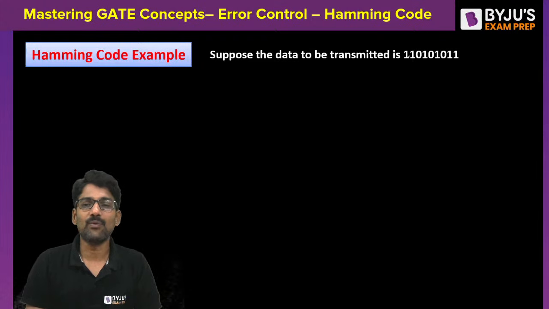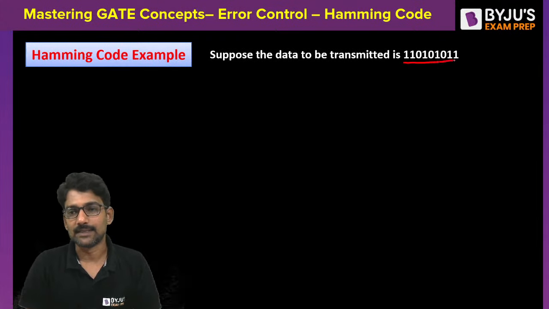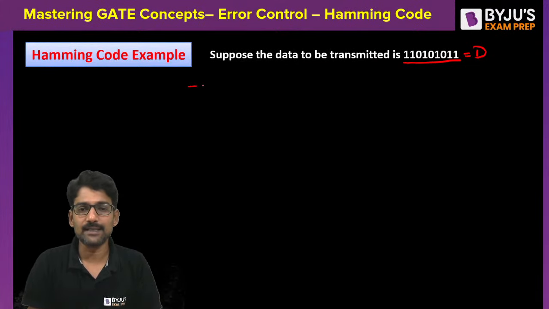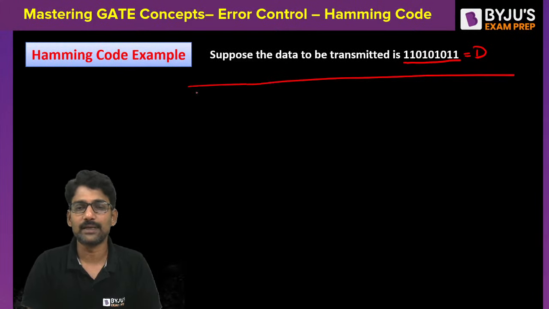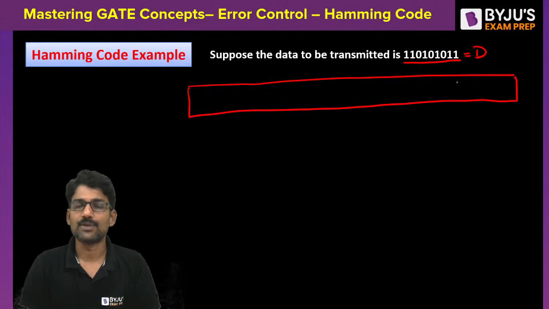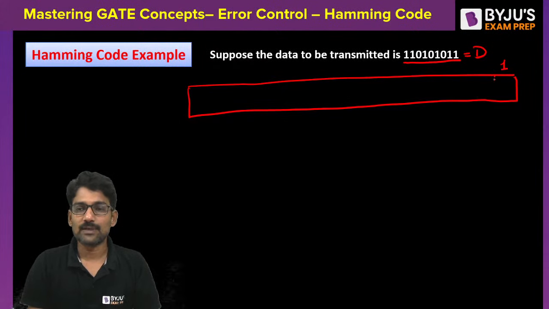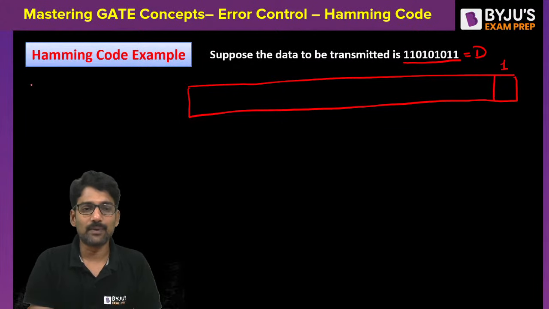Suppose we wanted to transmit this. This is the data word. Now you have to arrange this data word along with redundant bits. We start positions from 1, not from 0. At the 2 power i positions, we will place redundant bits.